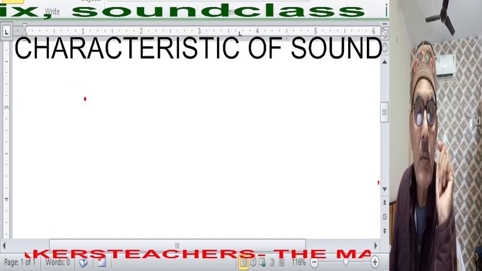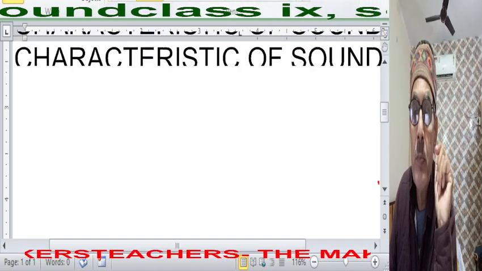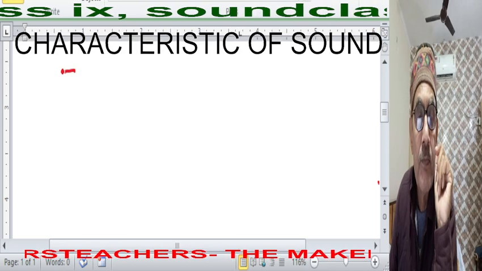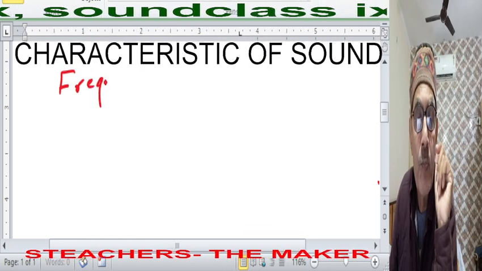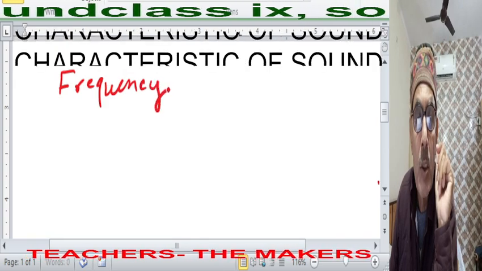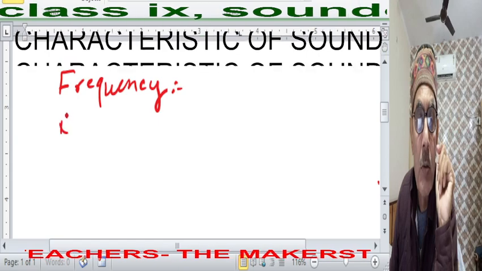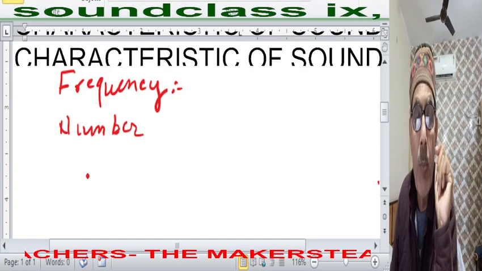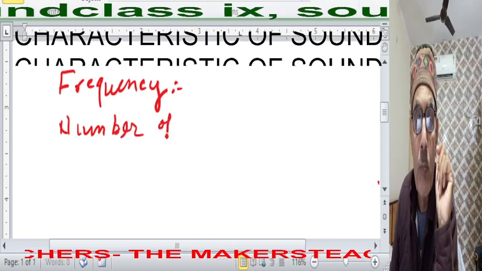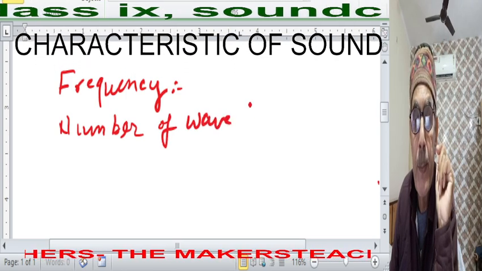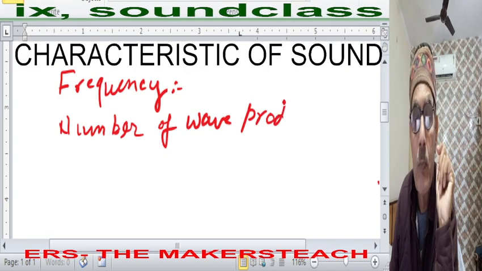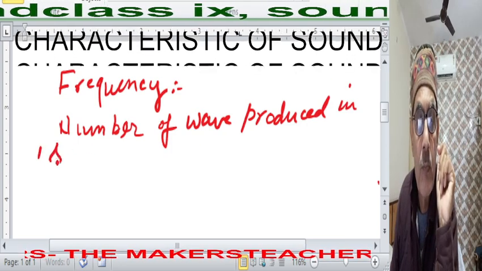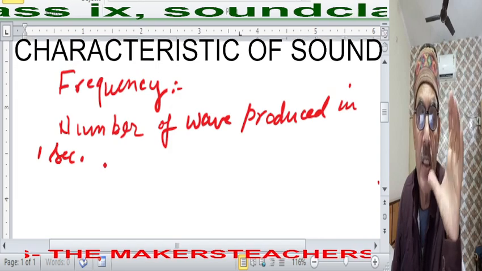So next is the frequency of the wave. Frequency: number of waves produced in 1 second is called frequency.